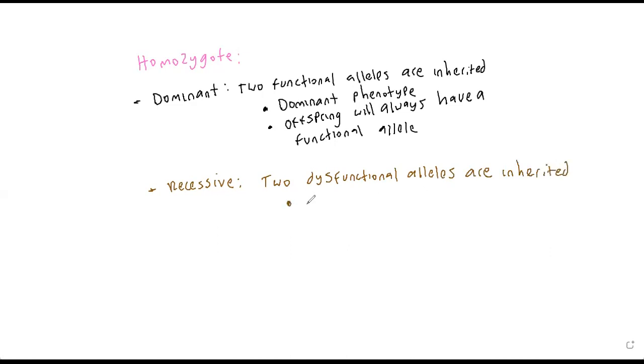Now, this has the recessive phenotype, meaning that the individual is missing something that they need in order to properly function. And also, offspring will always have a recessive allele.